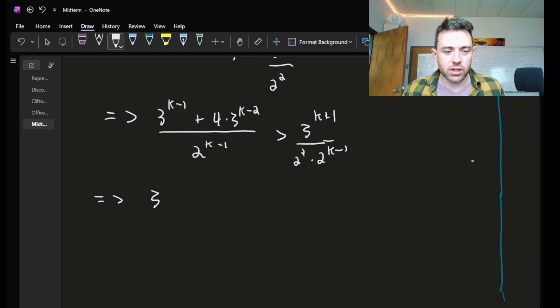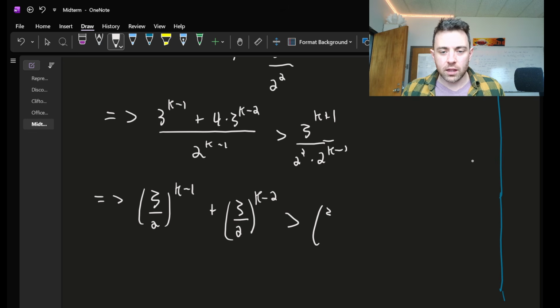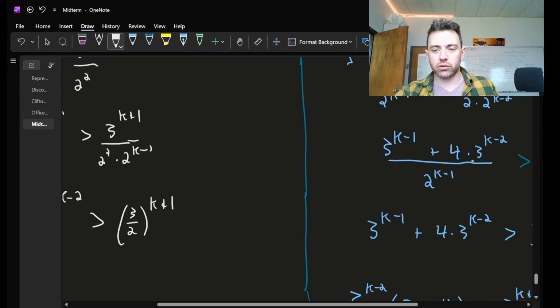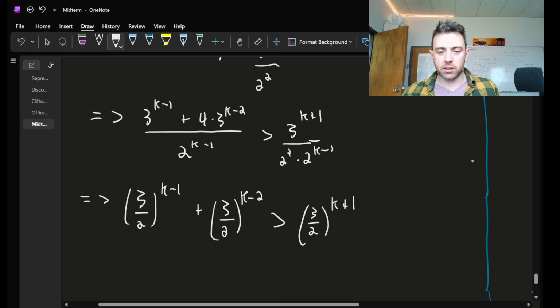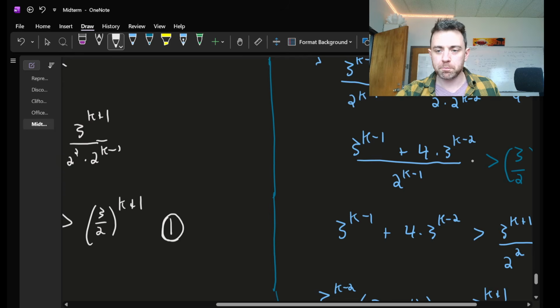So this becomes 3 over 2 to the k minus 1 plus 3 over 2 to the k minus 2 bigger than 3 over 2 to the k plus 1. And so let's label this, because we're going to want to use this equation here. So I'm going to give this a label. I'm going to put a 1 with a circle around it.